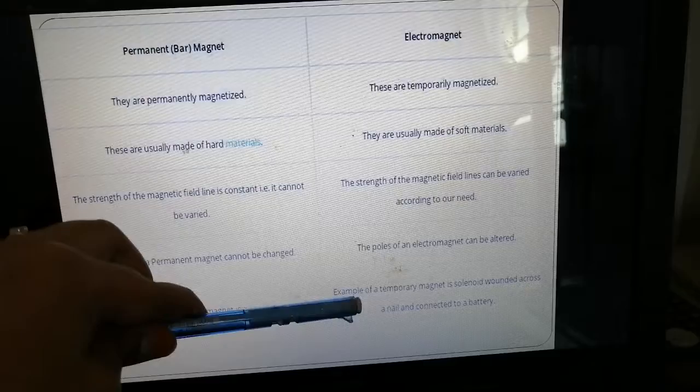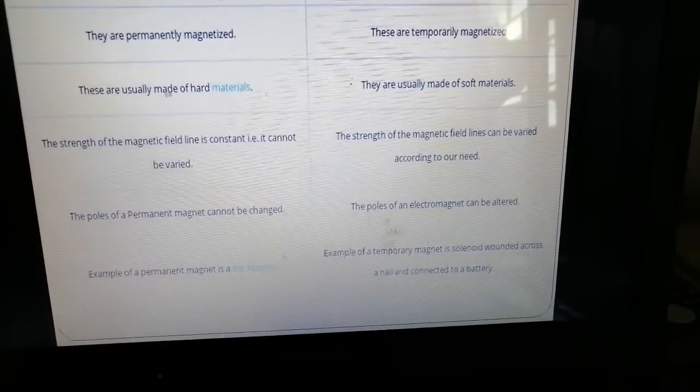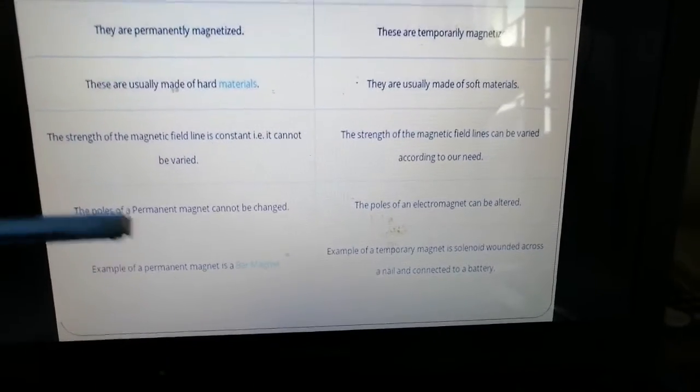But in the electromagnet, the poles can be altered. An example of a permanent magnet is a bar magnet.